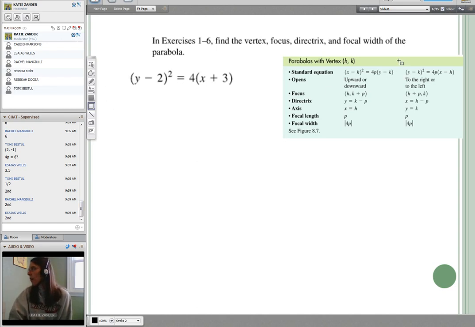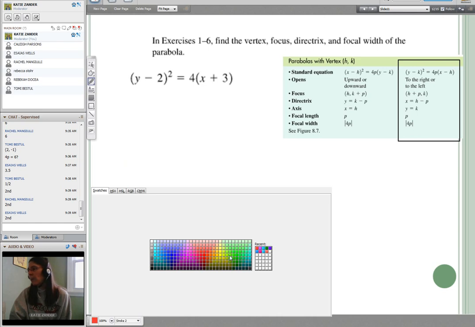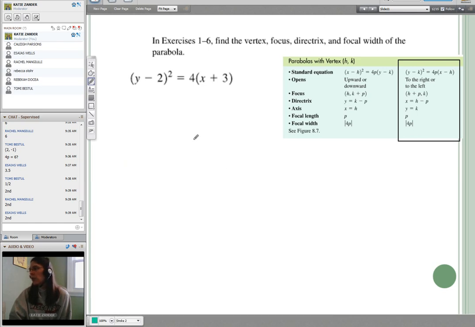Second all the way, because when you look to see which variable is squared, it's the y. So we are looking for that y squared variable, and that happens in column 2. All right, let's start with maybe the vertex, because I think if we can find the vertex and if we can find the value for P, then everything else will be smooth sailing.